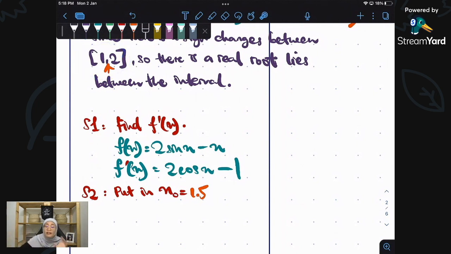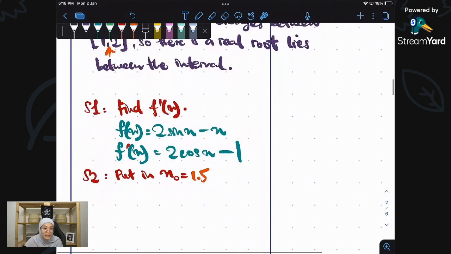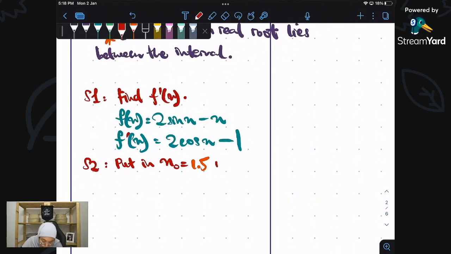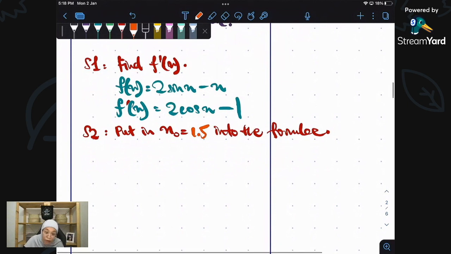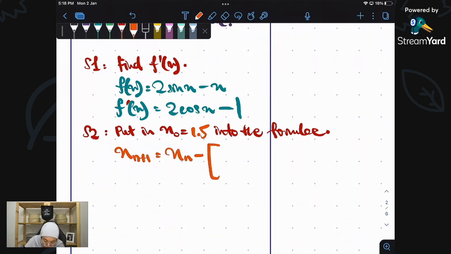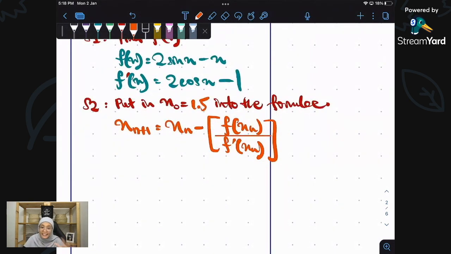In the end you will get the same answer, magically. So sub the x naught into the formula. The formula is x(n+1) equals x(n) minus f(x(n)) over f prime(x(n)). Memorize it. I have memorized it. How about you guys?